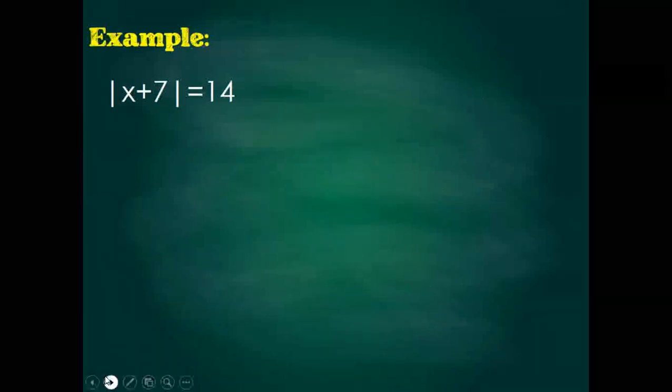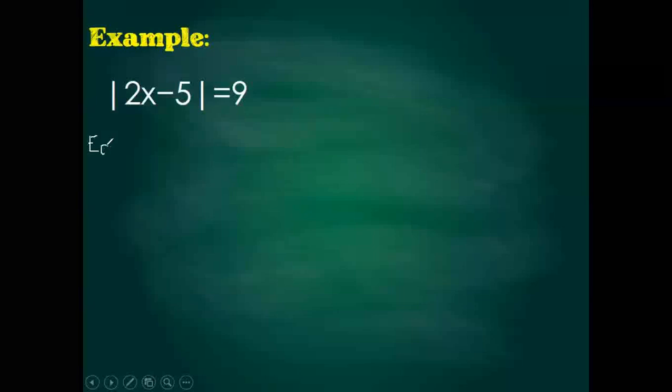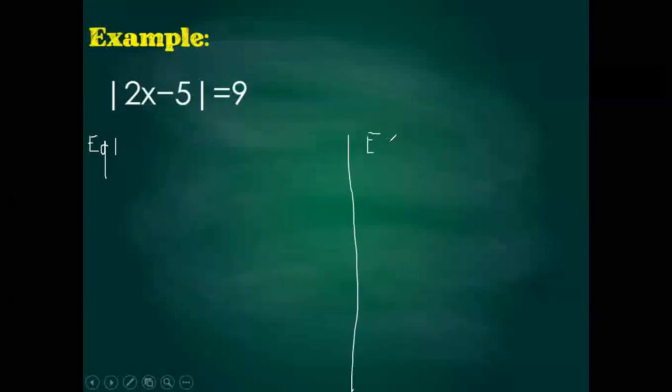Next, another example: absolute value of 2x minus 5 equals 9. So equation number 1 and equation number 2. Equation number 1, just copy: 2x minus 5 equals 9.